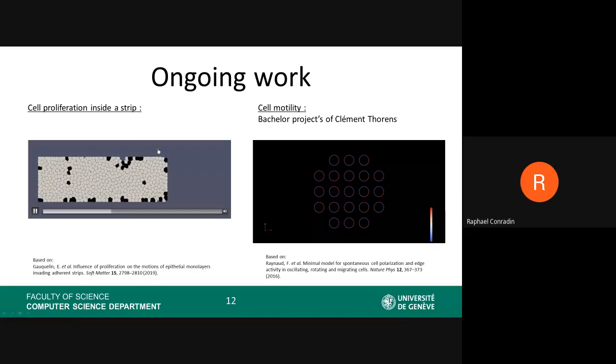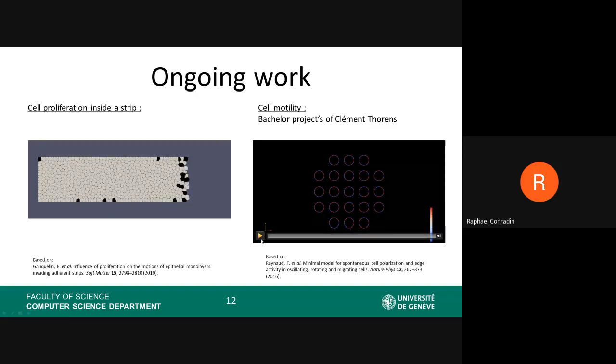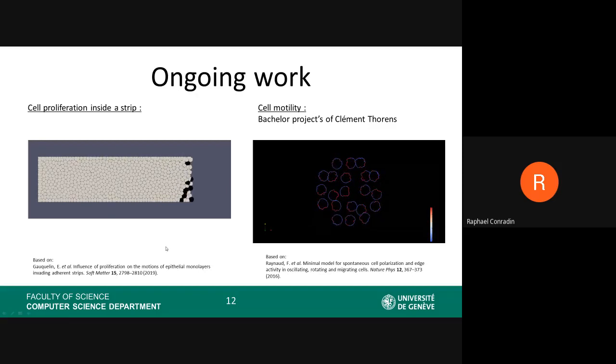At some point I will remove a wall there and the cells will invade this part. And another work done by a bachelor student in your group was to add cell motility to my framework in order to try to replicate some experiments.